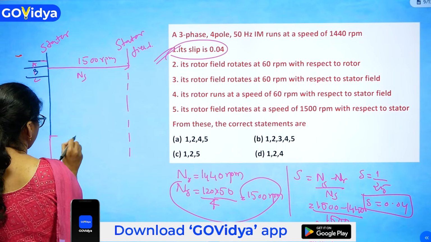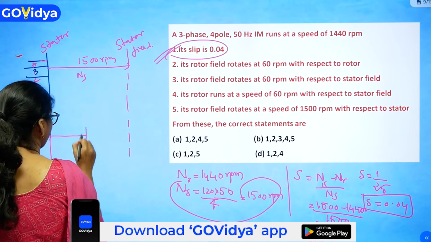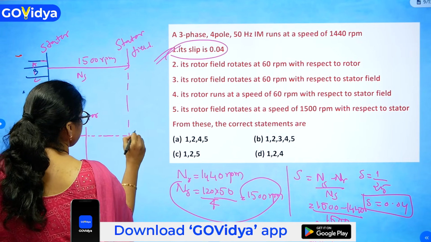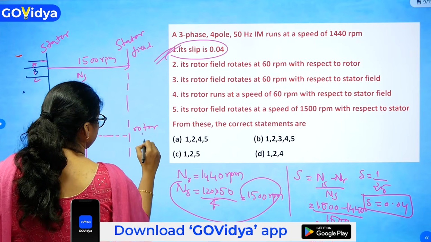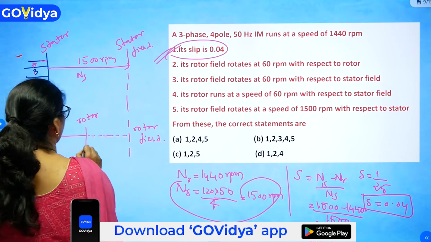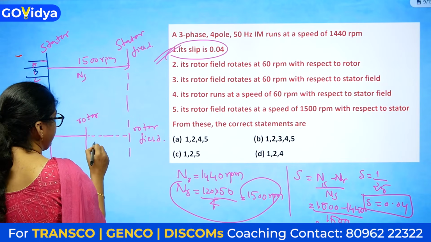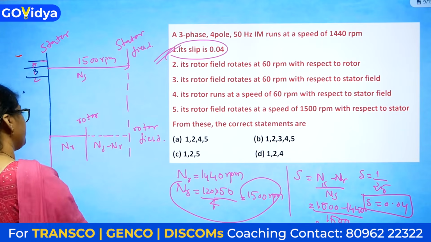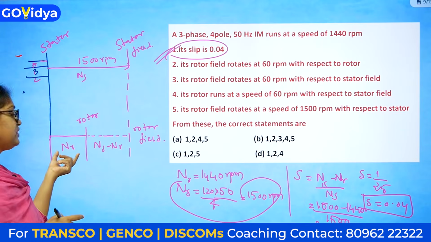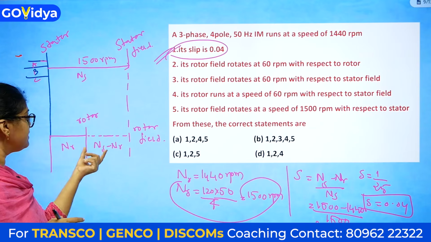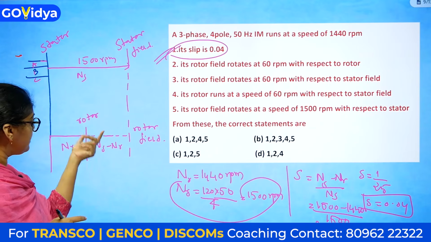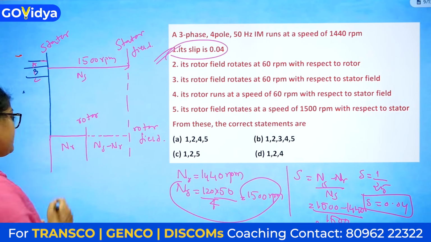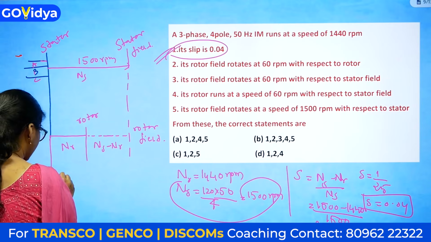Now due to some torque, the rotor will also start rotating. This is the rotor and this is the rotor field. So this will be Ns minus Nr and this will be Nr. Because the rotor rotates with Nr speed, the relative speed between the rotor and the rotor field is Ns minus Nr. So we will find some conclusions from this.